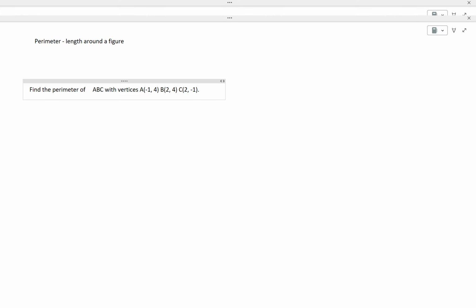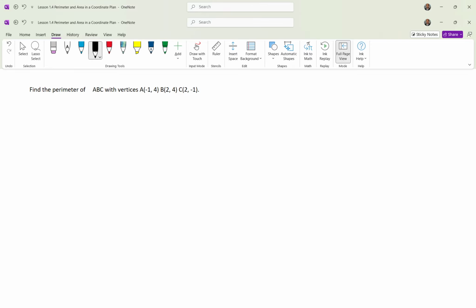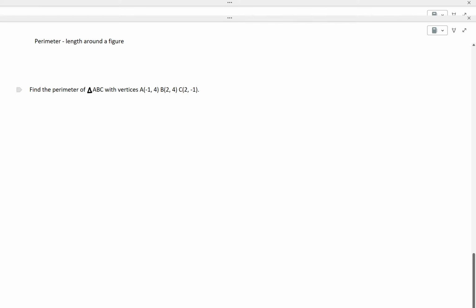A few things. I'm going to teach you guys a little notation right here. Let's make this black. Mathematicians utilize this little tiny triangle before ABC to denote that this is a triangle that we are creating.